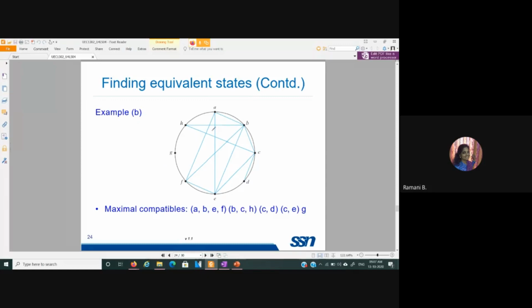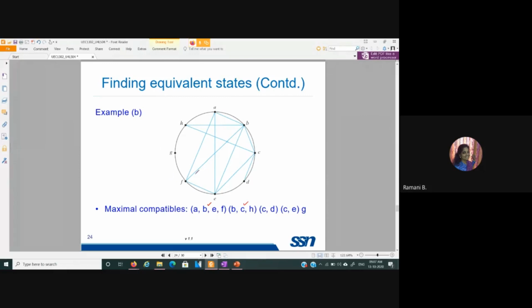Here you can see a triangle B, C, and H. Then we have a rectangle with A, B, E, and F. In addition, you can see that the diagonals are also connected, so we consider that as a maximal compatible. If the diagonals, that is D, F, and A, E, were not connected, you cannot consider that as a shape. We will see that example also.